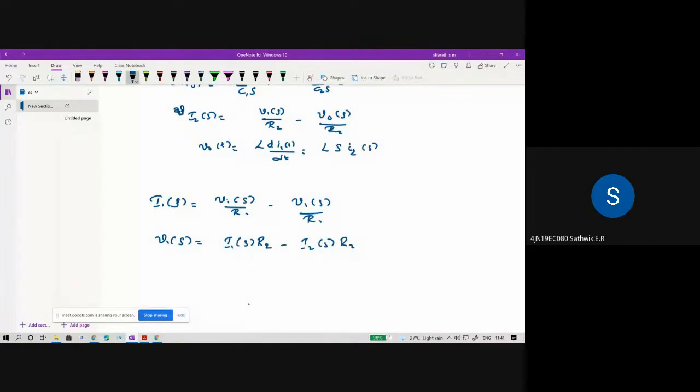What about the third one, I2? I2 of s is equal to V1 of s minus V2 of s, divided by R2 or R3? R3. What about the fourth equation?